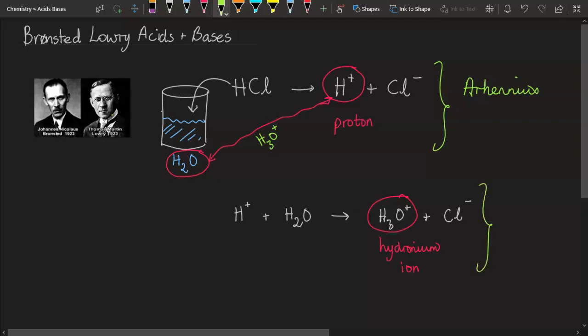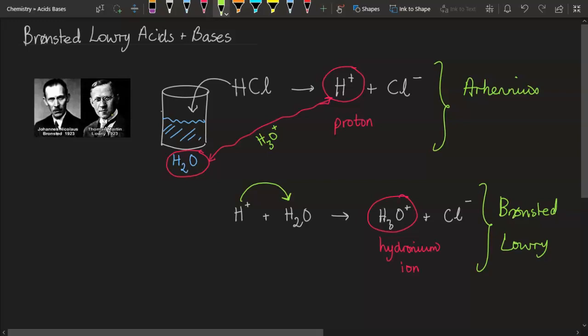Whereas Bronsted and Lowry came along afterwards, and Bronsted and Lowry were more interested in when it dissociated, what happened to the proton. And what they found was these protons ended up being donated to other molecules, and they formed something new. So in this particular example, when the proton was in the water solution, it doesn't exist on its own in water, so it reacts with the water molecule, forming this.